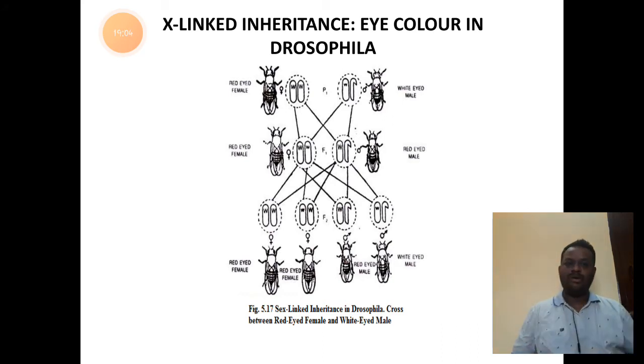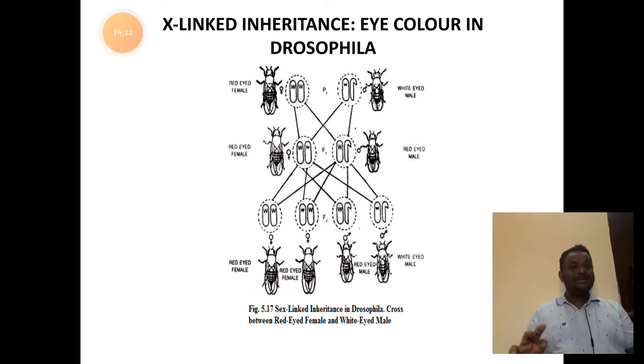When these two are crossed, in the F1 generation, both males and females had the capital W gene on the X chromosome, indicating all are red-eyed, irrespective of the sex.